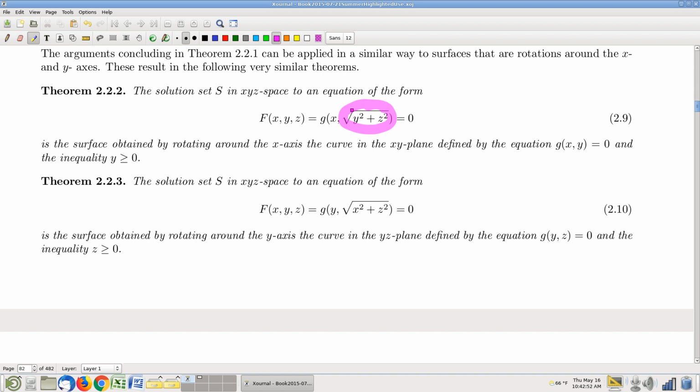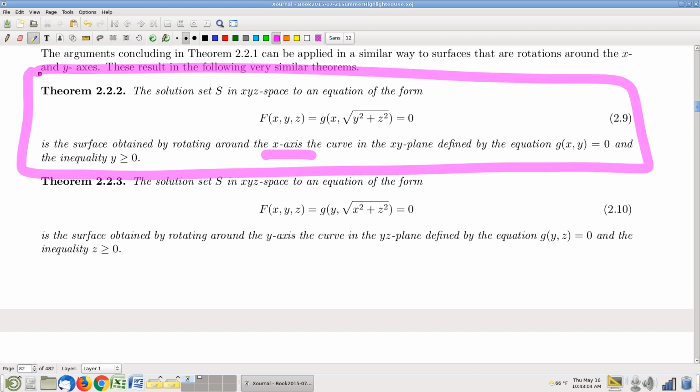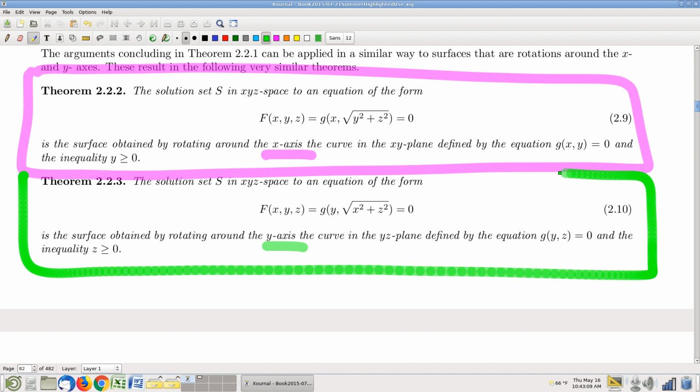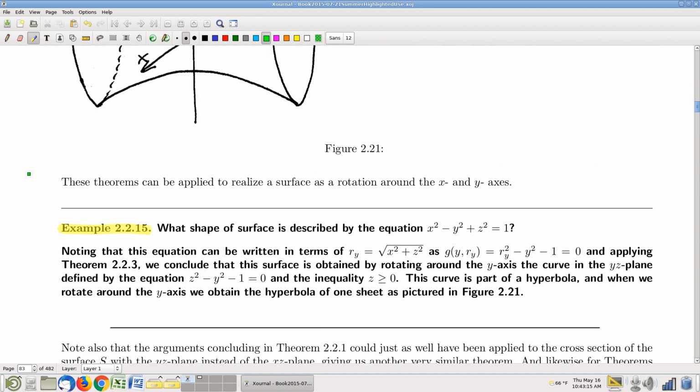And then you can look at a half plane hinged on the x-axis, understand that curve, and rotate it. So there is an x-axis version of this symmetry argument, and then analogously there is a y-axis version of this argument. Totally analogous. Real quick, let's look at this one.